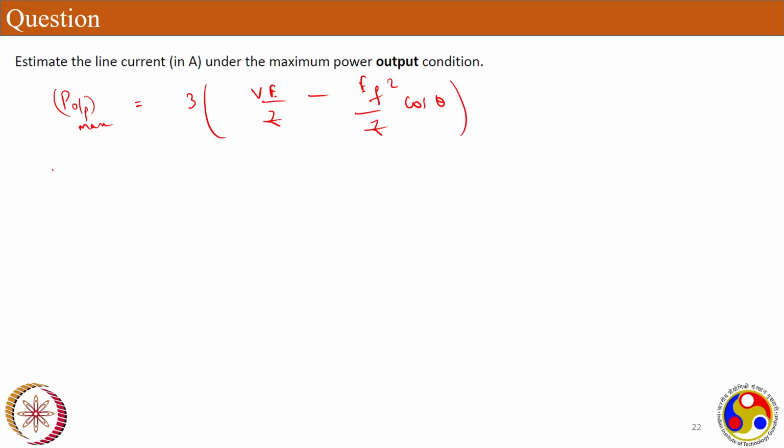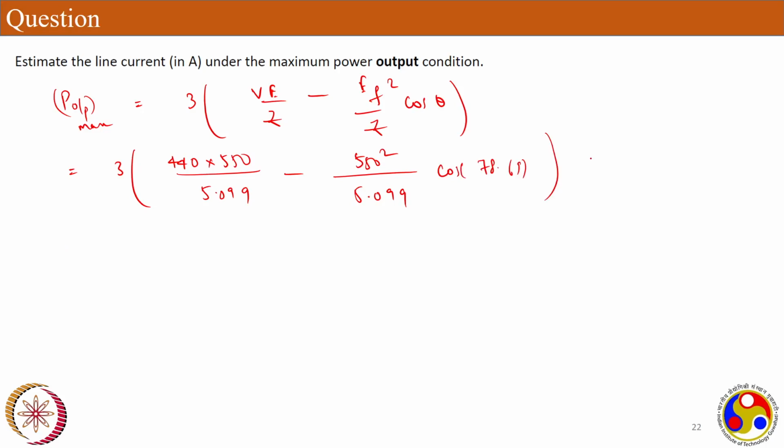So calculate it: 3 times V multiplied by 550 divided by 5.099 minus 550 square by 5.099 cos theta, same thing, cos 78.69. So tell me how much is this maximum output power.